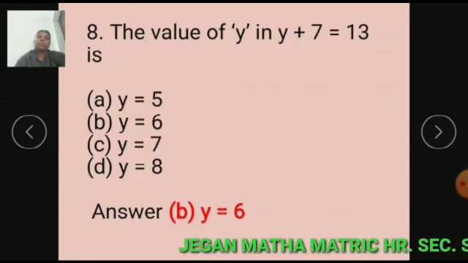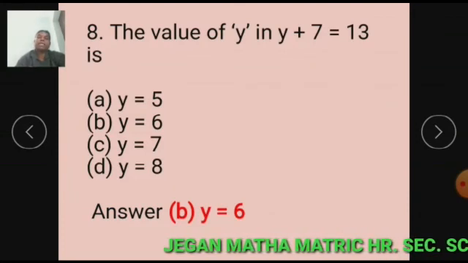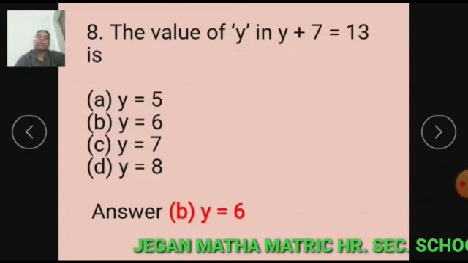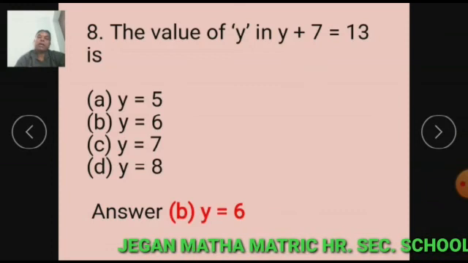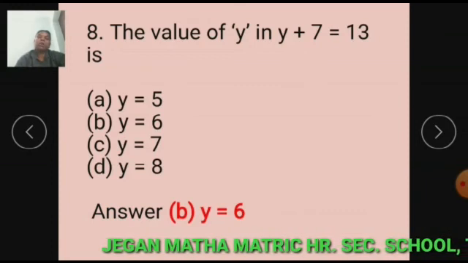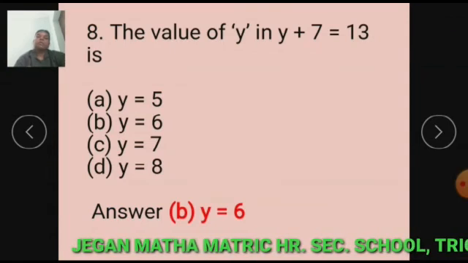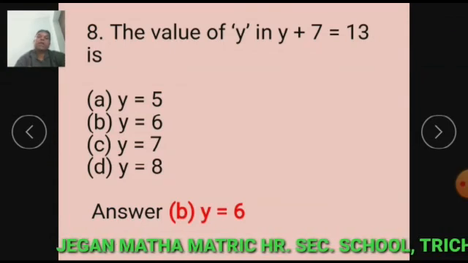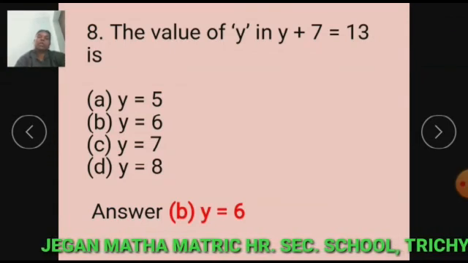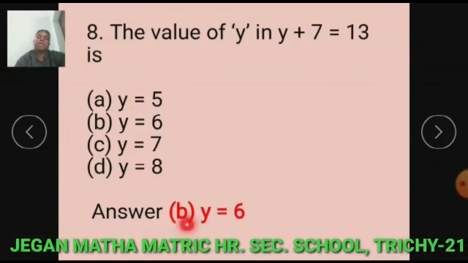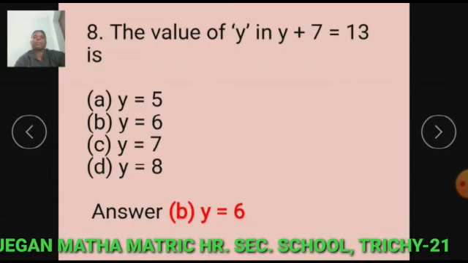Plus 7 moves from the left hand side to the right hand side. Plus 7 changes to minus 7. So we rewrite the equation y equals 13 minus 7. The difference between 13 and 7 is 6. So y equals 6. So the answer is option B, y equals 6.